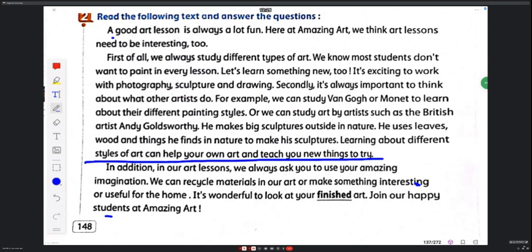Okay. Learning about different styles of art can help your own art and teach you new things to try. Instead of you, help mine, our, and change this.